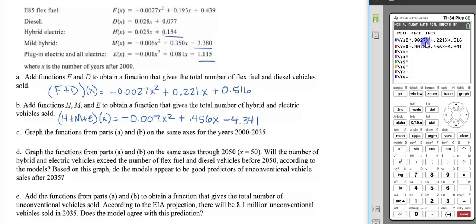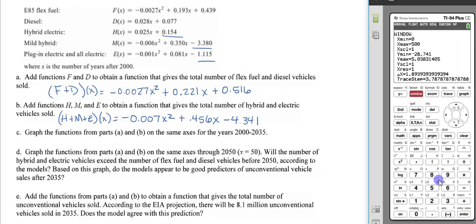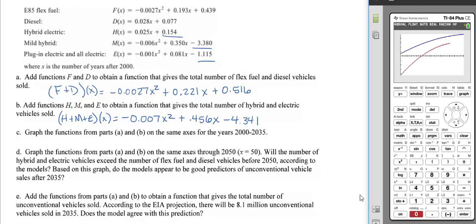Double check to make sure you don't have any typos. And we're going to graph these from the years 2000 to 2035. So let's set our window from 0 to 35, since X is the number of years after 2000, and do a zoom fit. And this is what our graph looks like.